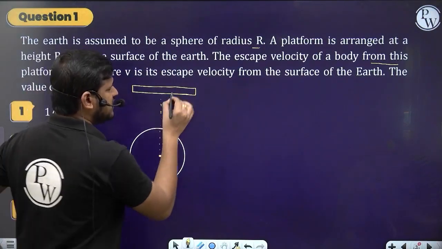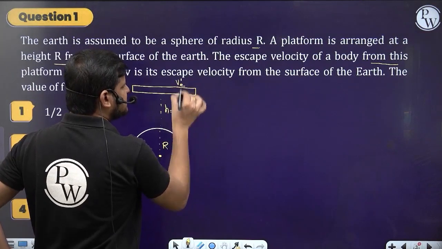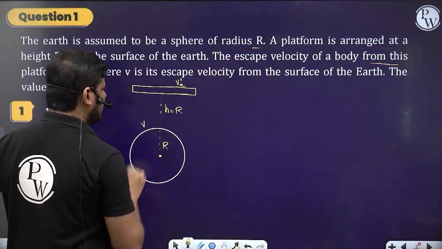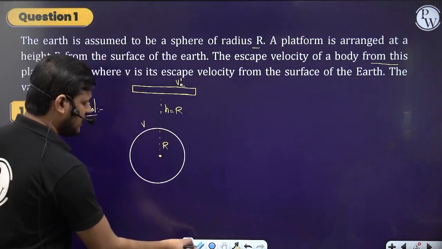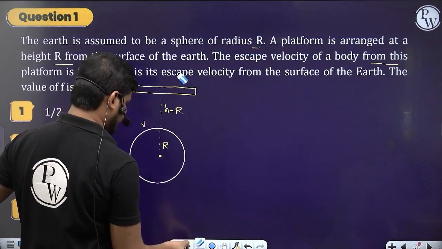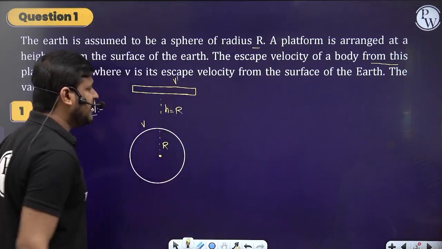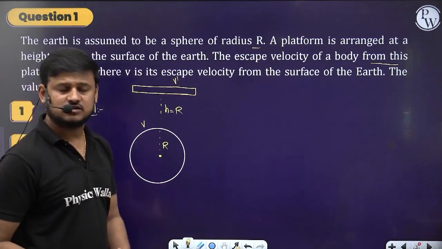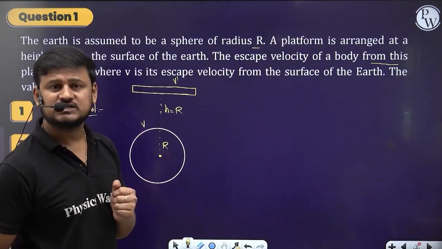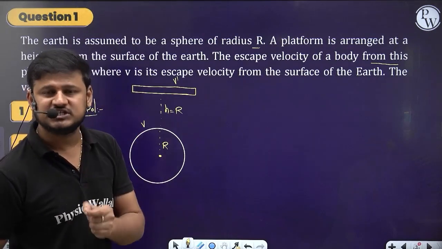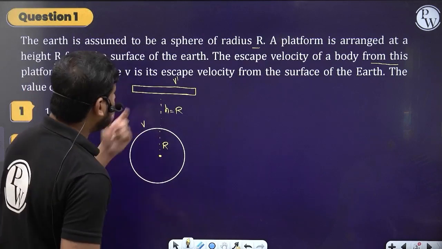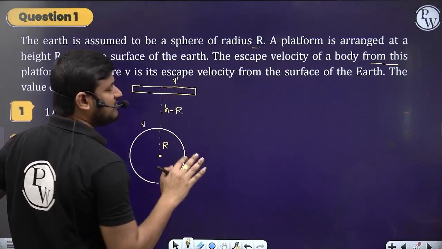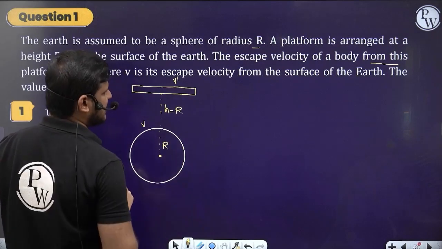Let's suppose I am considering the escape velocity from here as V dash, and the escape velocity from the ground as V. We already know the escape velocity from the ground: root over 2GM by R. Now from this height, what will be the escape velocity they are asking?